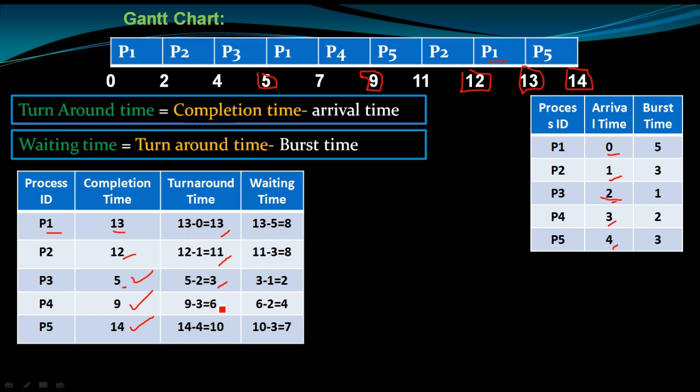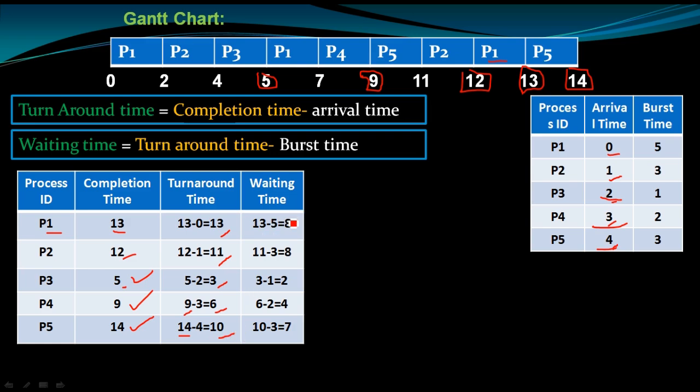Now coming to P4, completion time 9 minus arrival time 3 is 6. 6 is the turnaround time. Similarly, for P5, the completion time is 14 nanoseconds and the arrival time is 4 nanoseconds. So 14 minus 4 is 10 nanoseconds, the turnaround time.